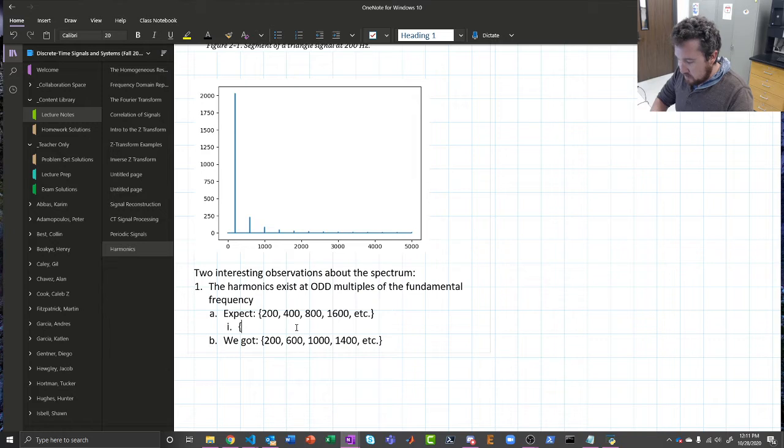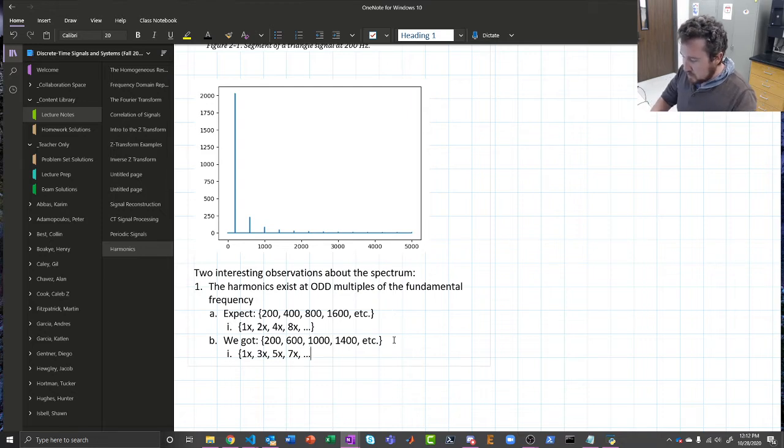This would have been 1x, 2x, 4x, 8x, and so on. So what we mean by we got odd multiples is that of the fundamental frequency, we got 1x, and then we got 600, which is 3x. 1,000 is 5x. 1,400 is 7x.